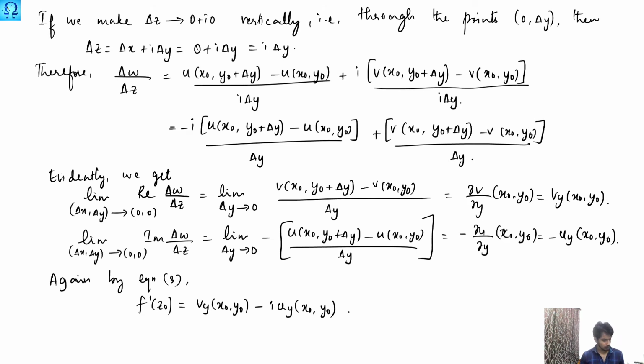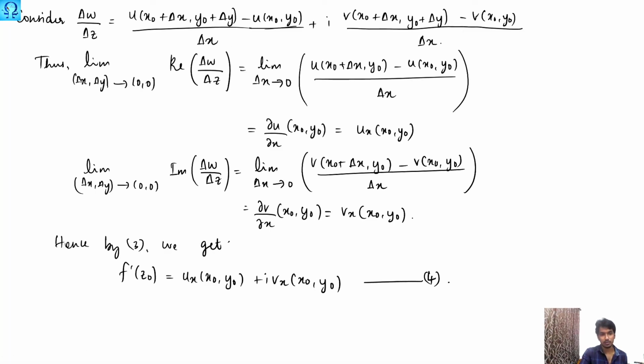Okay, so from here, if you wish to write u term as the first coordinate, you can take minus iota outside. So this becomes minus iota uy(x naught, y naught). Then here from plus 1 you have taken minus iota outside. So this is going to be simply plus iota times vy(x naught, y naught). Okay, let us mark this as equation 5.